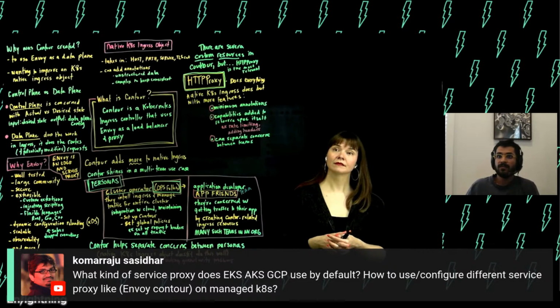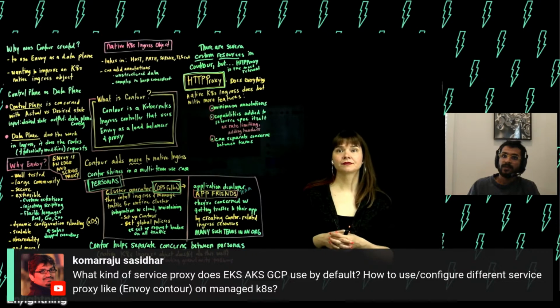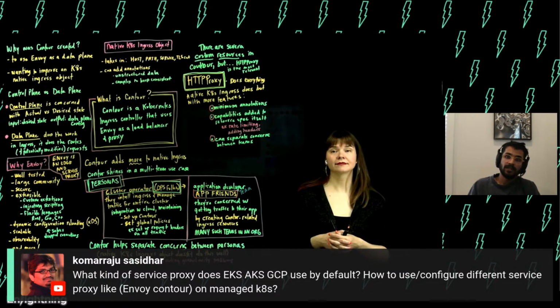There's some that use eBPF, etc. So it depends on the service mesh that you might be using. So do all clusters use a service mesh? They don't have to. No, they don't. It's an additional thing that you may want to use depending on your use case. It's not required by any means.